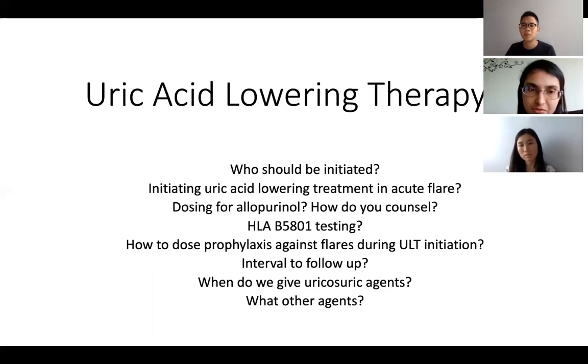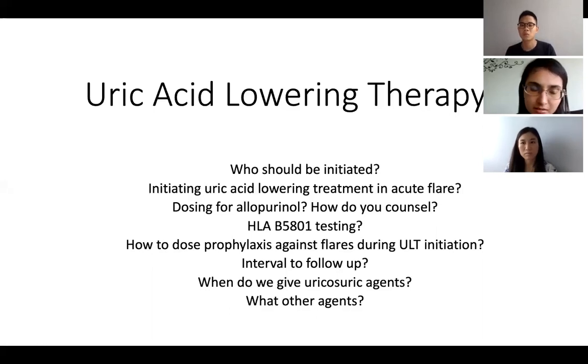Most of our patients who come into our clinic are oftentimes referred from the polyclinic, and they come in because they may have been started on a uric lowering therapy, and having been started on it, they have increased flare frequency, and this is actually a known fact. Starting someone on a uric lowering therapy would increase your risk of flare, which is why we advocate for the use of prophylaxis.